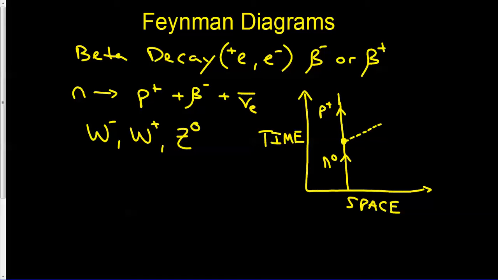But we know that it is going to send out a boson of some kind, and it is going to create a beta minus, so an electron, and an anti-electron neutrino.